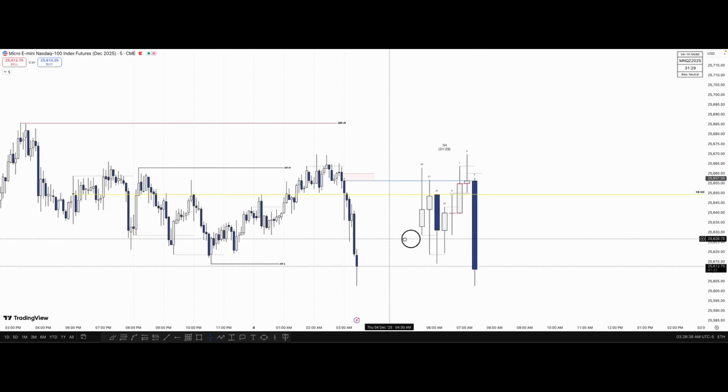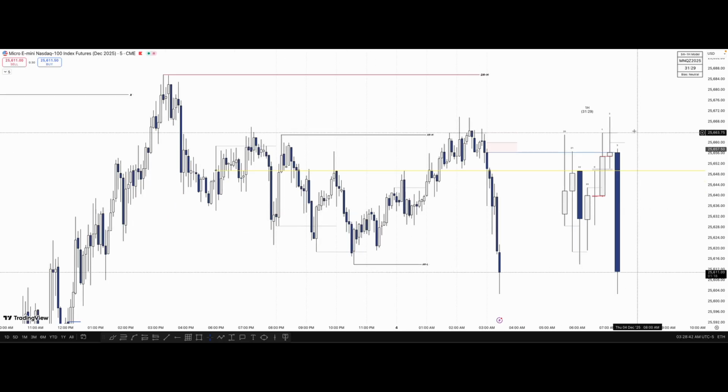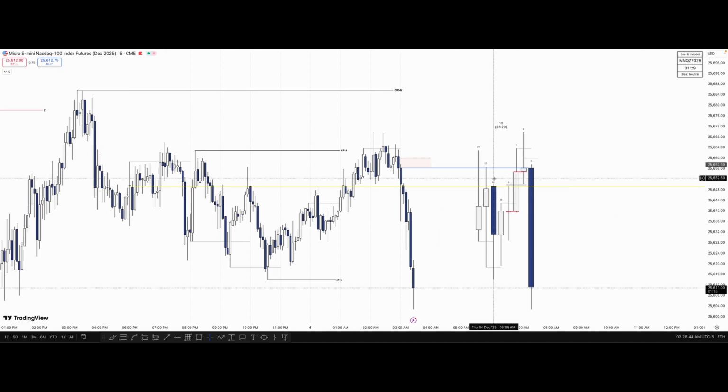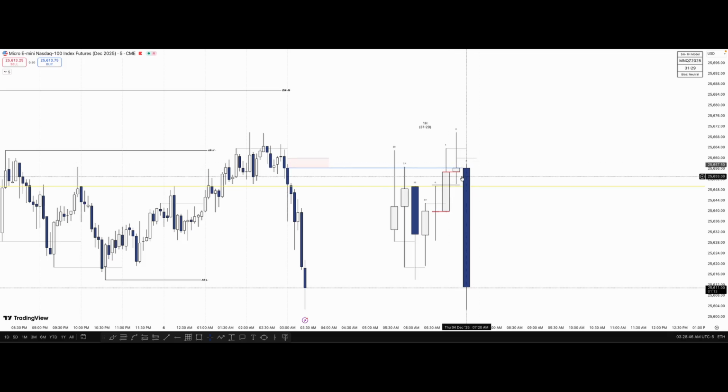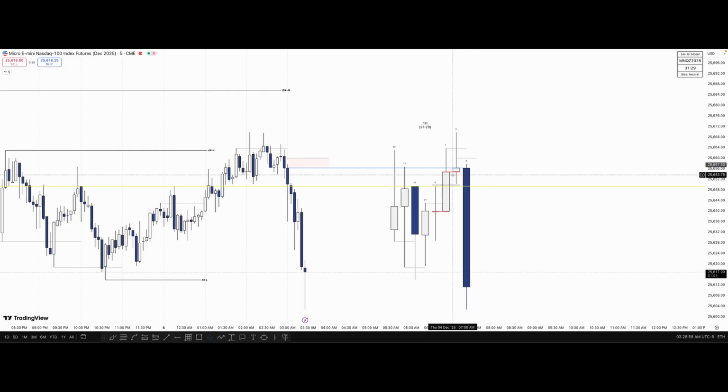So now we need to see this, हमारा ये 1H का candle closure. Does it remind you of something, this candle formation?